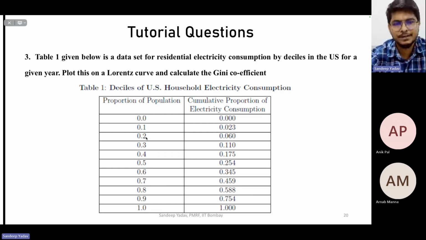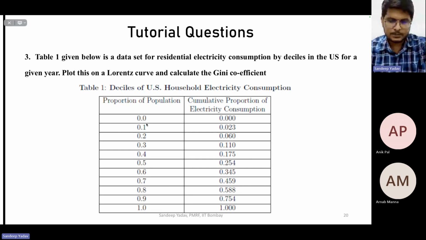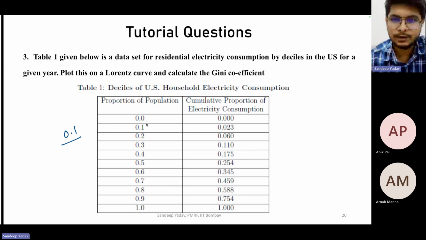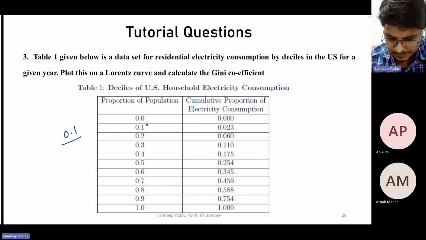Now, we are given different values. The proportion of the population is given as 0, 0.1, 0.2, 0.3, in steps of 0.1 only. And the cumulative electricity consumption, you can see here, the 20% will have a cumulative value of 0.23 also.